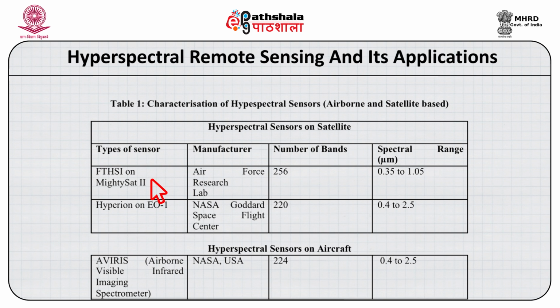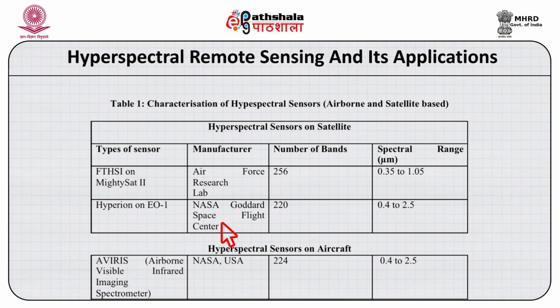One type of sensor is FTHSI on MightySat 2, whose manufacturer is the Air Force Research Lab. Second is Hyperion, which is widely used in today's context. Manufacturer is NASA.